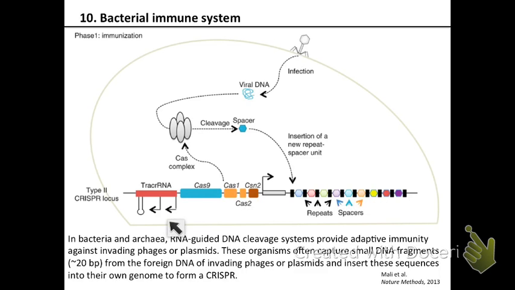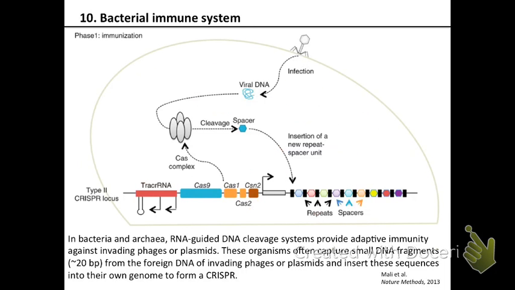And this CRISPR locus here, there are different types of CRISPR. This is a type 2 CRISPR locus, and it also contains the gene that encodes for the tracrRNA. It encodes for the Cas9 enzyme and several other elements that I don't want to get into right now. All right, so I have some notes here.